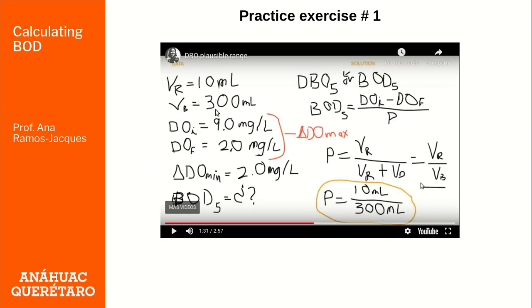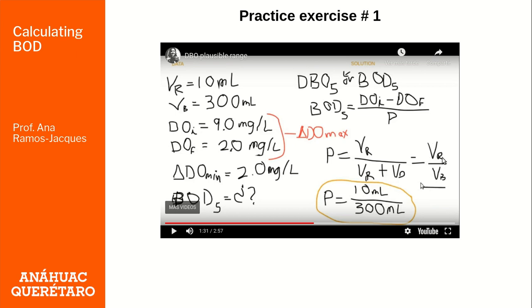If you look at the data, we don't have the volume of dilution. Then we have to use the volume of the bottle. That's the total volume. You can obtain the dilution volume with a simple mathematical operation, but we can also use this as a rate, a fraction.